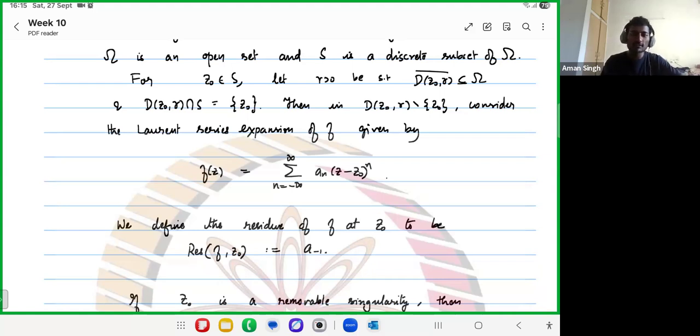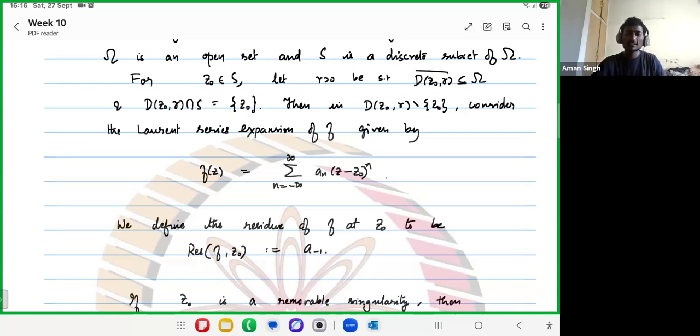What happens in negative degrees? If you have, let's say, 1 by z squared, what happens to this? If we take the unit circle, for example, the integral of 1 by z squared will be zero. Why? Just because 1 by z squared also has an antiderivative, something like minus 1 by z.